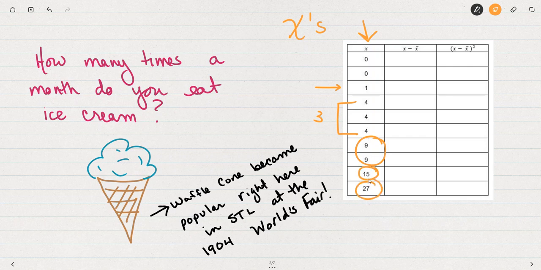And 1 person said 27. Notice that I put these numbers in order, starting with the smallest and going up. If more than 1 person gave that answer, I listed that number twice.